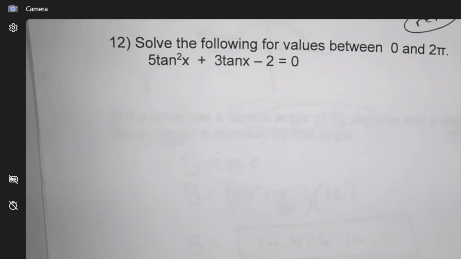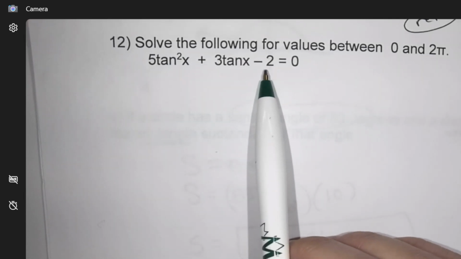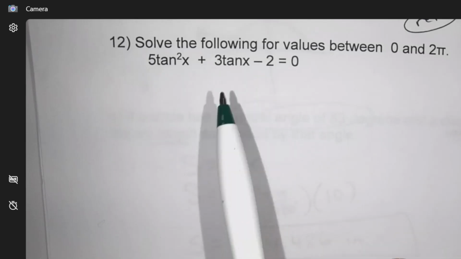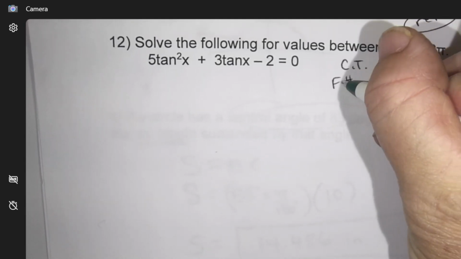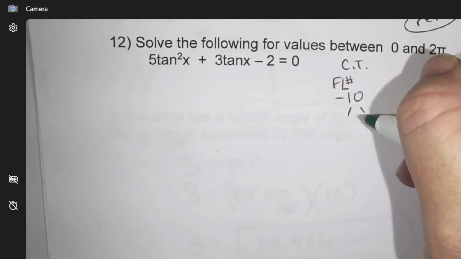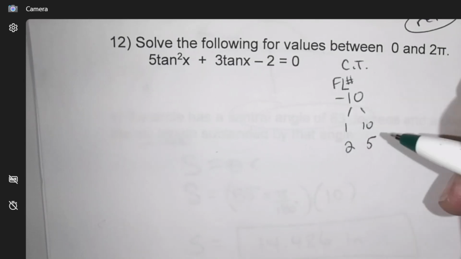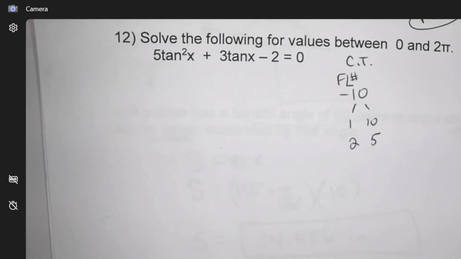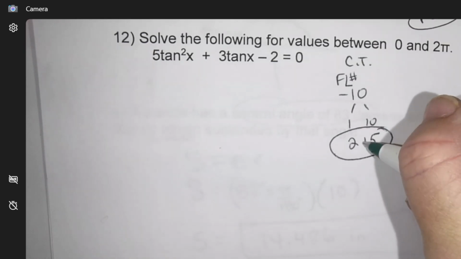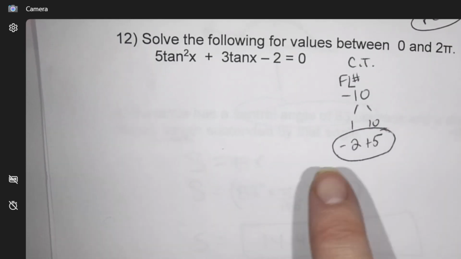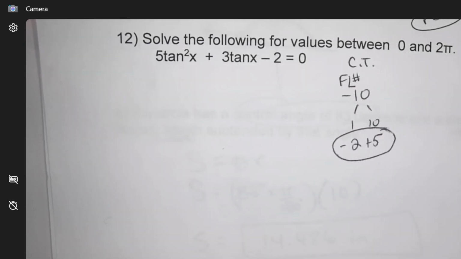Okay, number 2, or number 12 here. This is a trinomial. I'm going to try to factor it. So it's a complex. So let's go, what is the FLA number? -10. I need to make an add to 3. So multiplies to the FLA number, adds to the middle. So it will work.